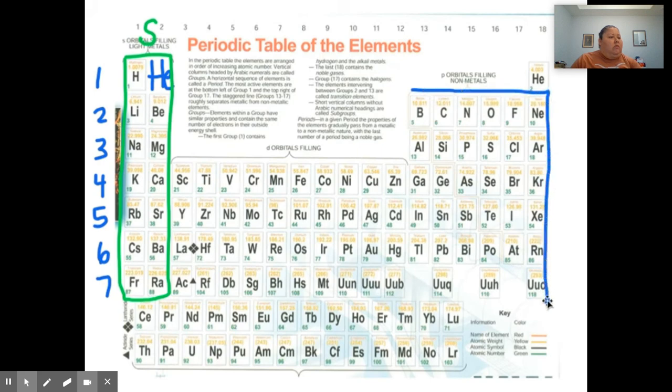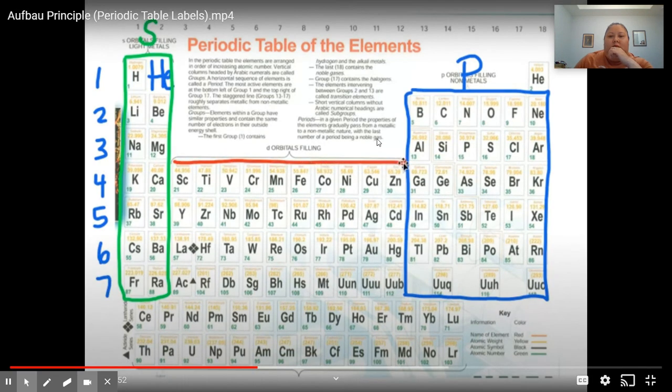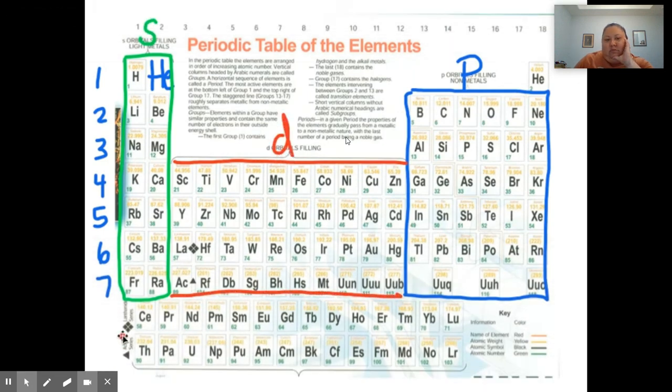Down the side, grab those guys on the bottom row. And then if you want to switch colors again, you can label the D block, which would be in the middle. And then the F block would be the elements down at the bottom here.